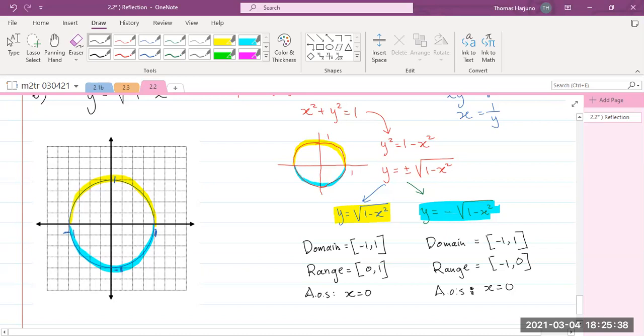Now I believe the suggested homework was already given to you in the lecture. So try to do more problems from 2.1, 2.2, 2.3.